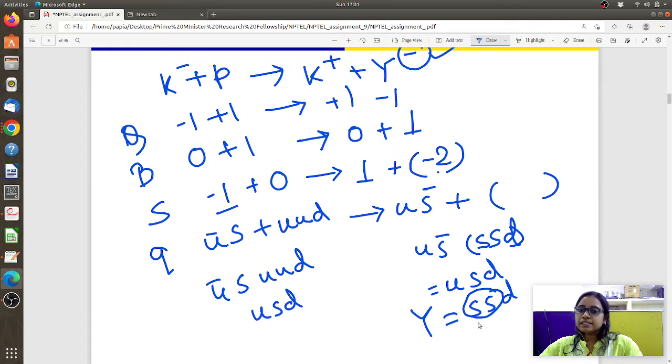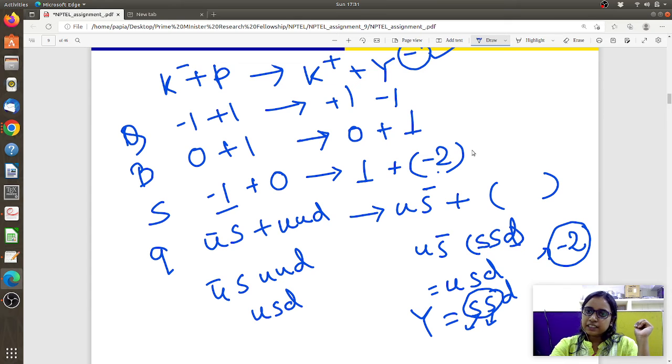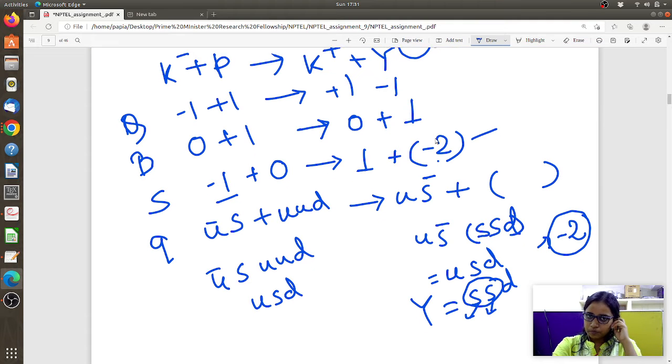Because for SSD the strangeness will be -2, because for this S -1 is there, and for this S -1 is there, so that means as a whole -2 is the strangeness number for that particle Y. And obviously we can see that from this expression also, the strangeness number of Y is -2.